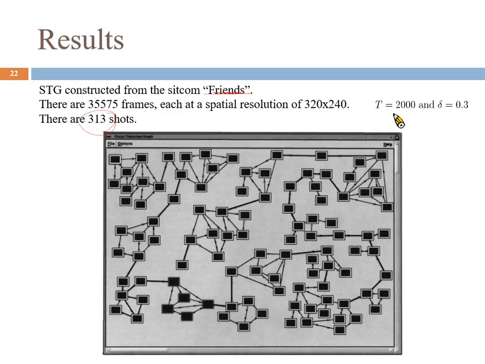The time constraint is set as 2000. The delta is set as 0.3, and this is a big STG showing the structure of this video. By finding the cutting edge, we can segment it into scenes.